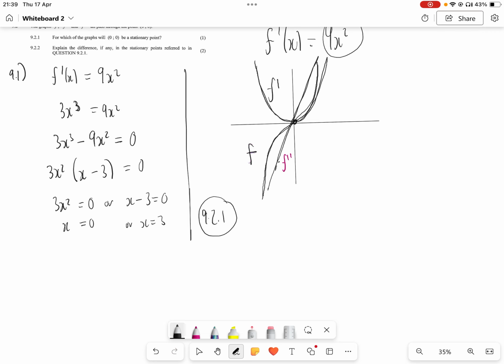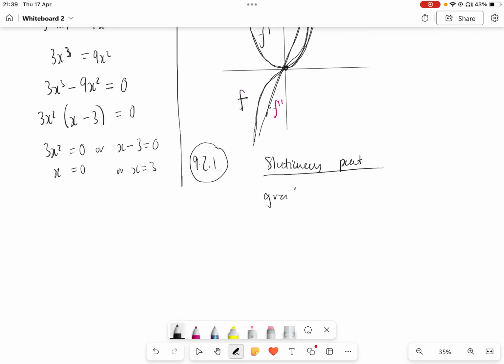But then you have to define what is a stationary point. So when we say a stationary point, we are saying where the gradient equals 0, or the derivative at that point equals 0.